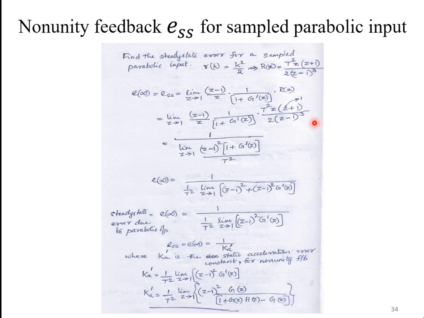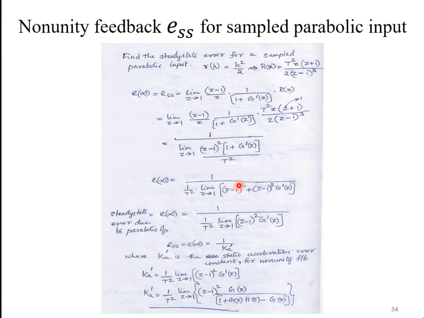So it is having (z minus 1) the whole square into (1 plus G'(z)). As we are dividing the numerator by T squared, we are dividing the denominator by T squared too. T is a constant value, the sampling period, so it can be taken out. So it is 1 over (1 by T squared) into limit z tends to 1, (z minus 1) the whole square plus (z minus 1) the whole square into G'(z), after taking out the bracket.